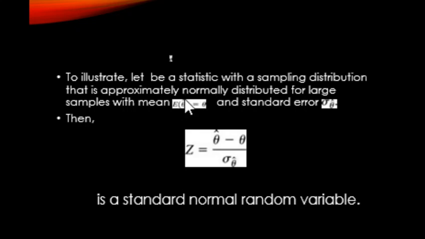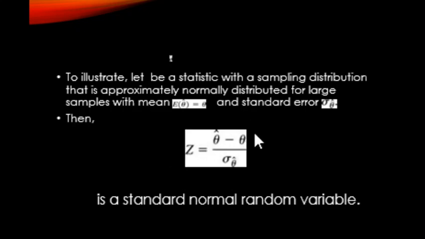The hat on top indicates that this is a statistic. So the expected value of theta hat is equal to theta, the mean, and sigma theta hat is the standard error, which we have to figure out for specific cases.